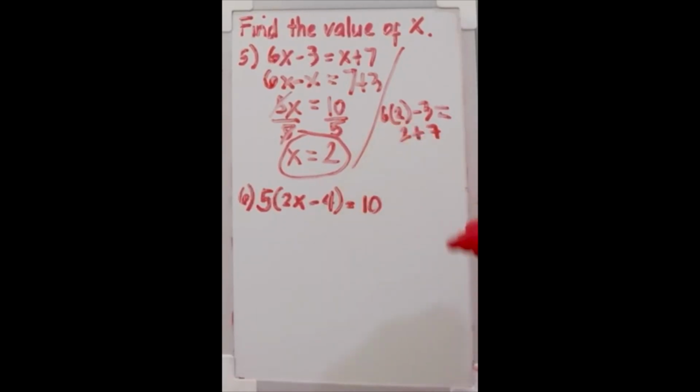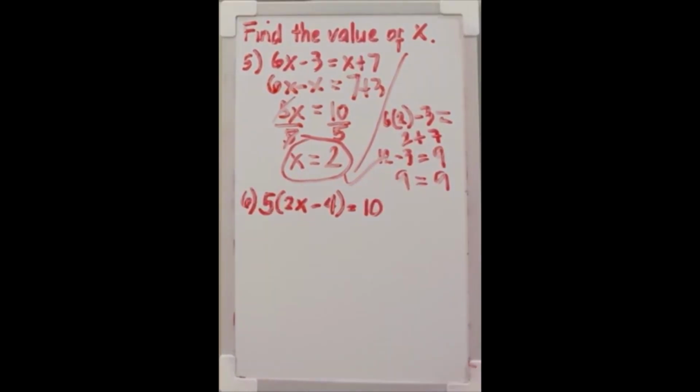So 6 times 2 is 12. Now minus 3 equals 2 plus 7 is 9. So now we will subtract: 12 minus 3 is 9. And that 9 is equal to 9. So therefore 2 here is the correct answer.